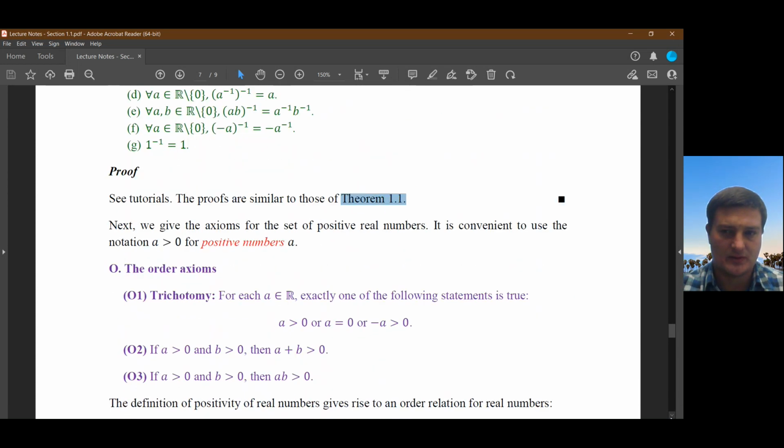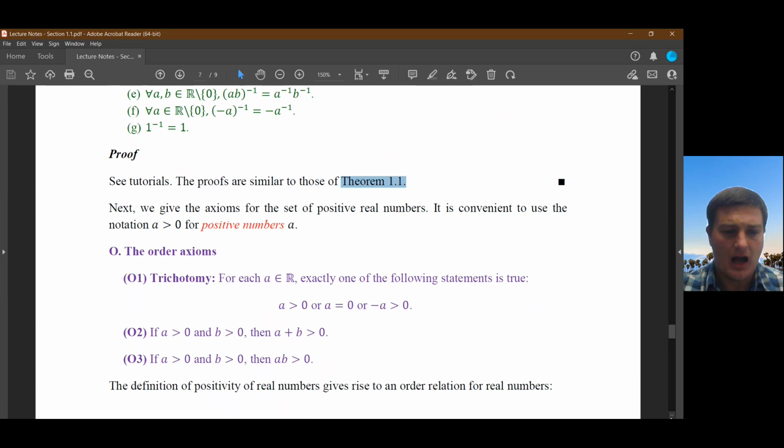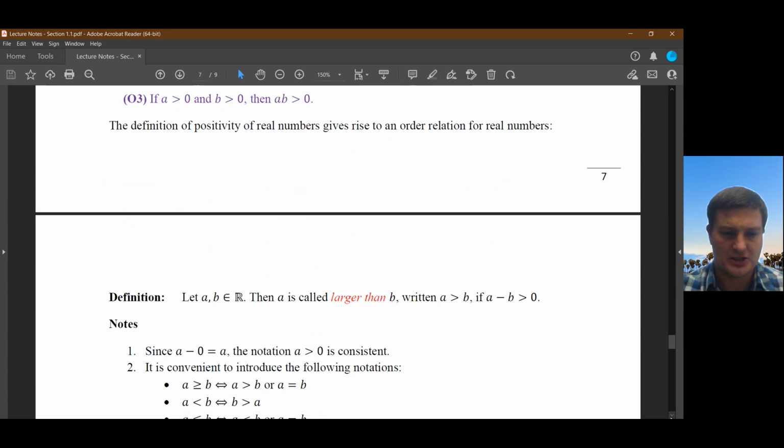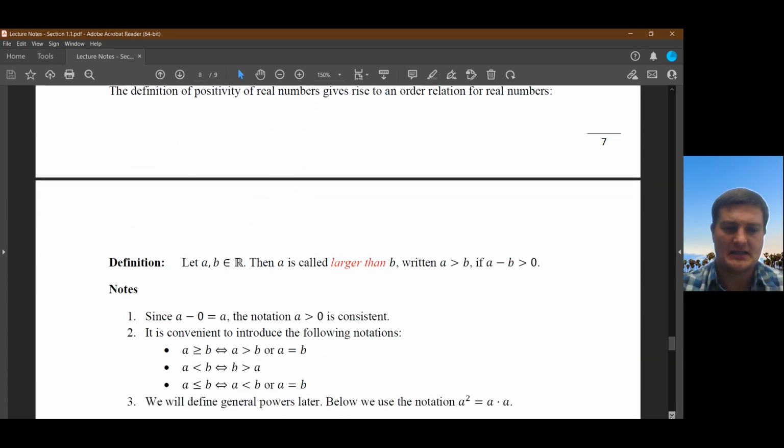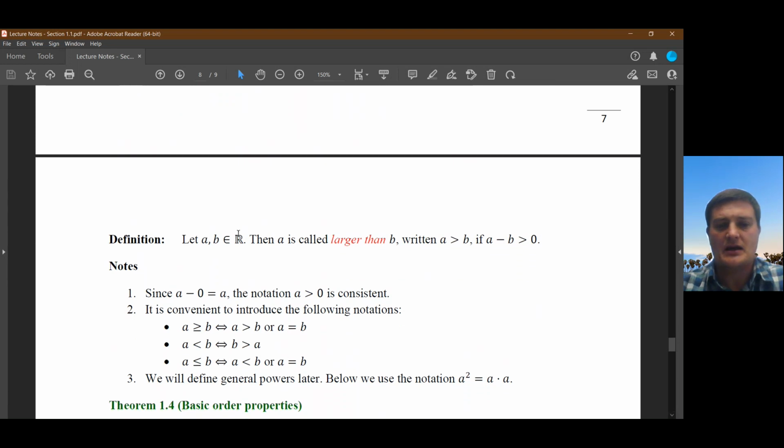Before starting with the order axioms, I am first going to go to the definition below it. It says, let A and B be real numbers. Then A is called larger than B, written A greater than B, if A minus B is greater than 0. So in other words, we define A larger than B if A minus B is greater than 0.